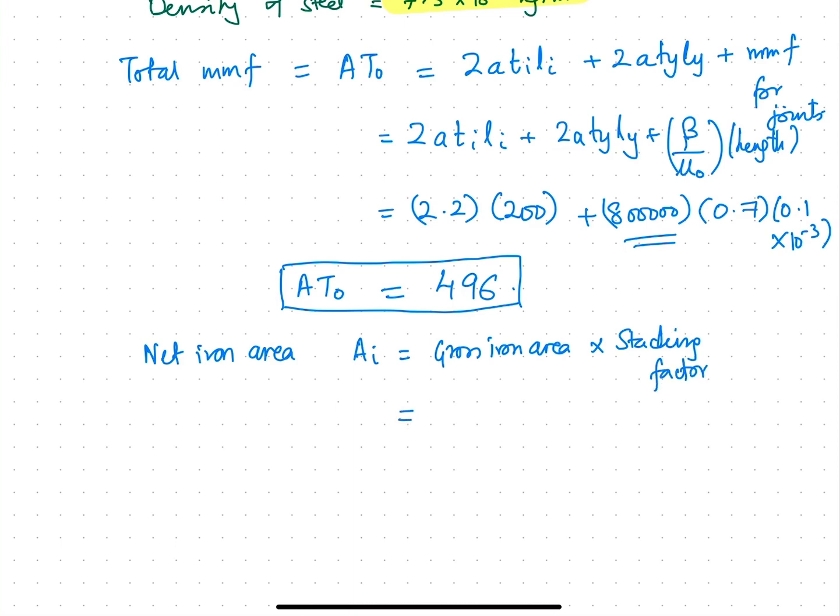So this is 100 into 0.9, and since this is centimeter square, we convert it into meter square. So this is 90 into 10 to the power minus 4 meter square. This is AI, the net iron area.